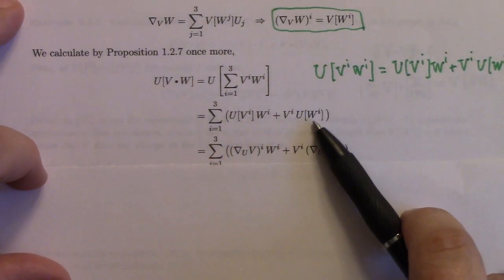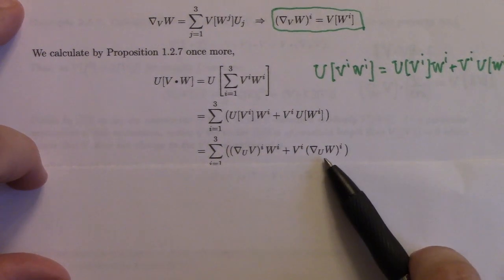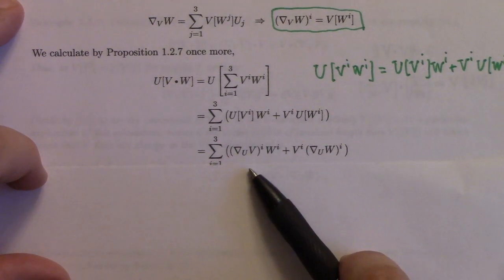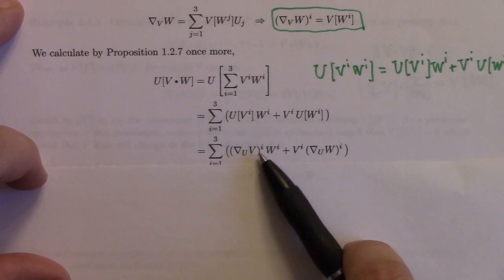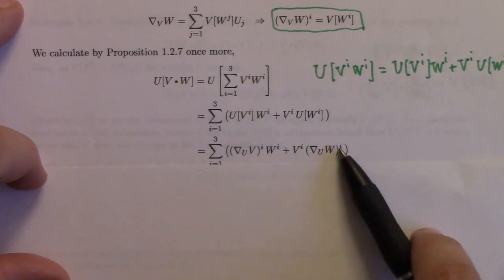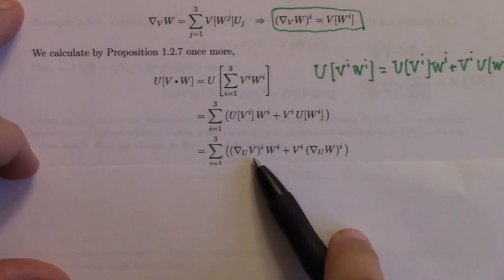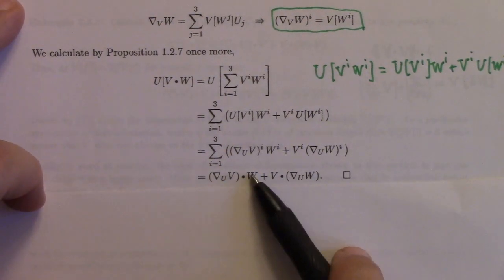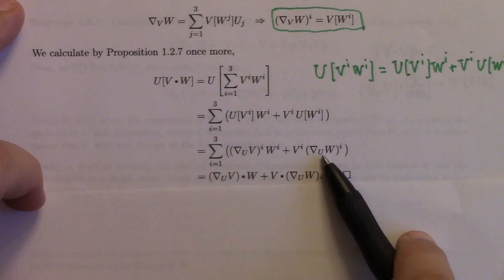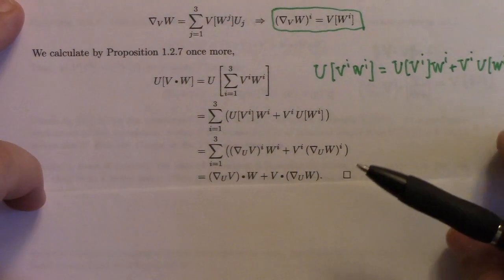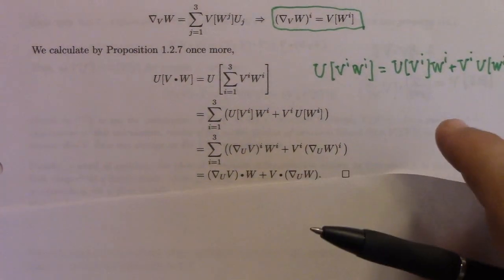This is the covariant derivative of w in the u direction. The ith component of it, and whenever you have a sum like that over i for two different vectors, that's a dot product. So this is the dot product of the covariant derivative of v with respect to u with w, and the dot product of v with the covariant derivative of w with respect to u. There you go. And that's 6.